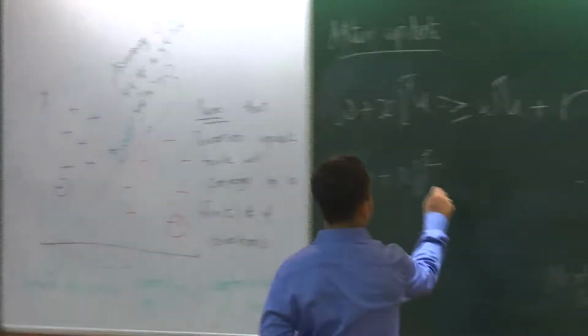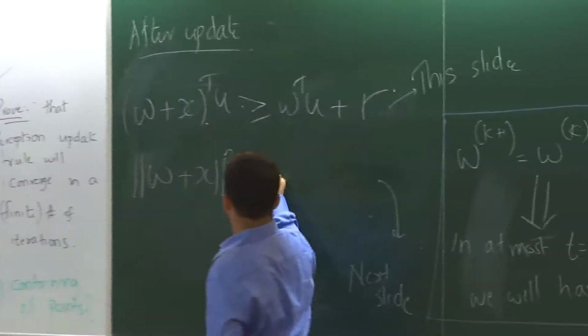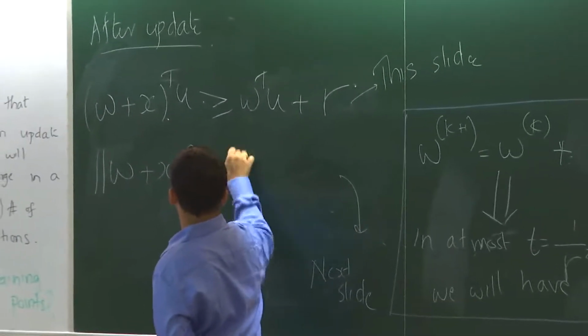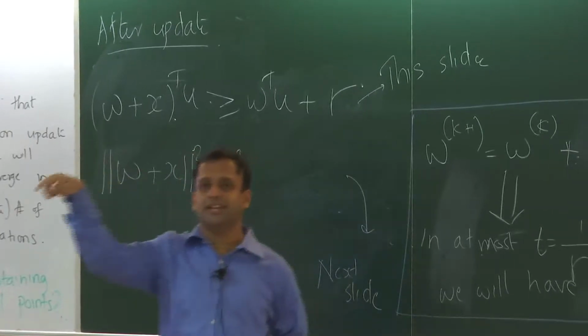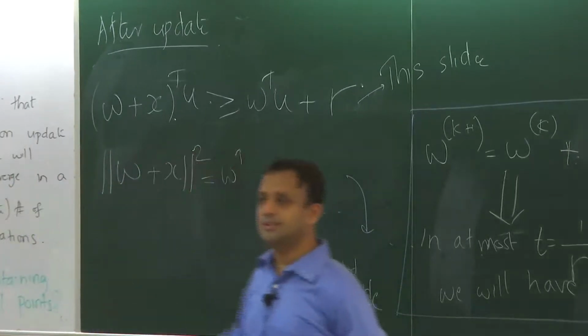So can you expand this? This is w transpose w. Can the TAs move around? I want to make sure everyone gets this.